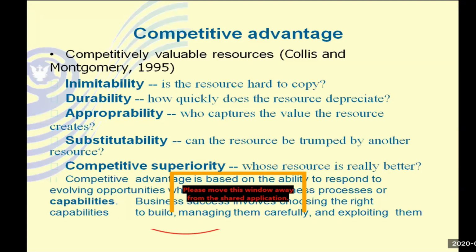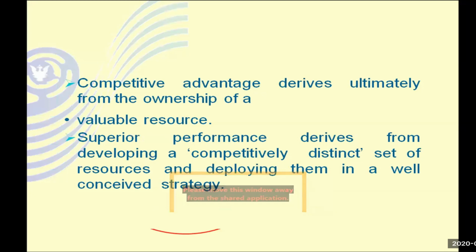That is what derives competitive advantage, because that competitive advantage is the value we are looking for. It will derive from the resources and therefore lead to superior firm performance.